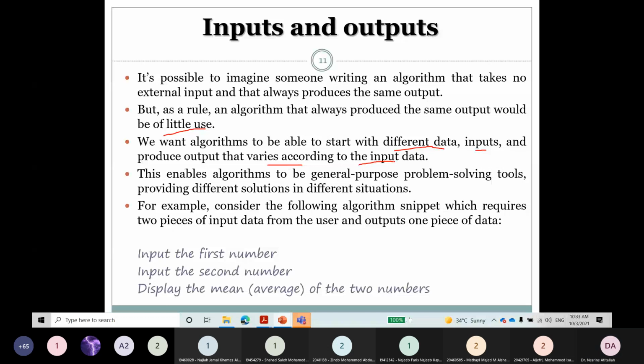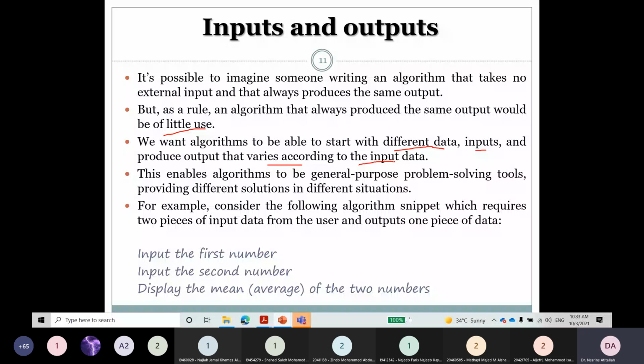But when the list is already fixed like a constant, it is related only to this list and will show only its smallest item. I cannot change the list, so this program would be of little use. So this enables algorithms to be general purpose problem solving tools, providing different solutions in different situations.